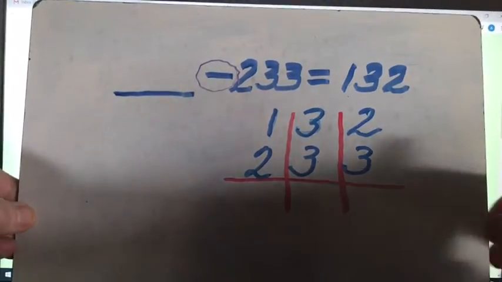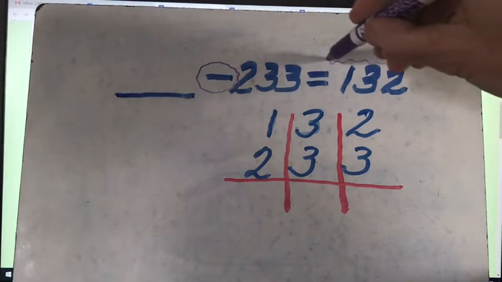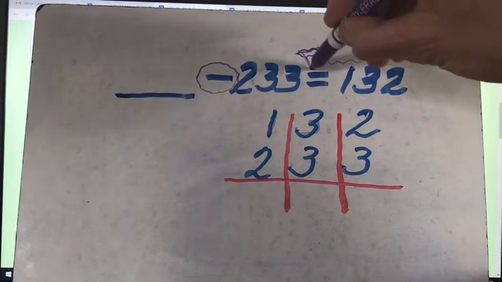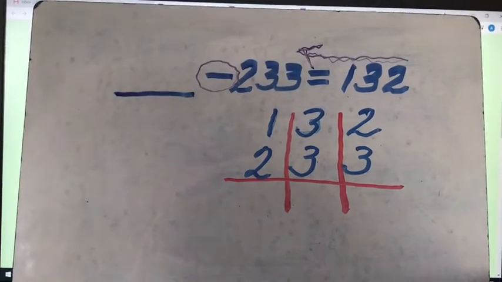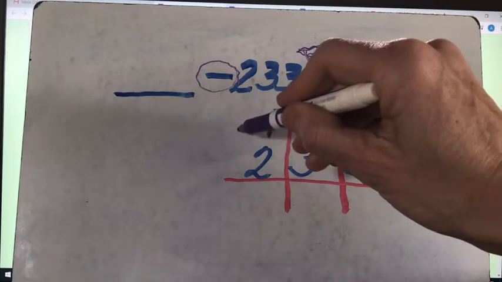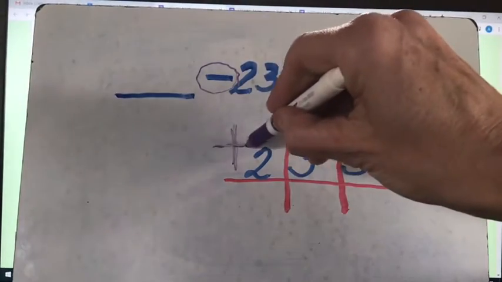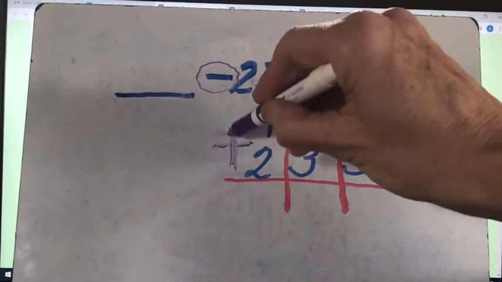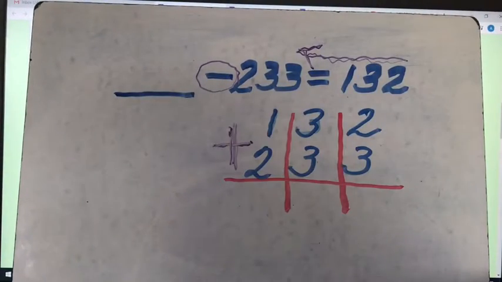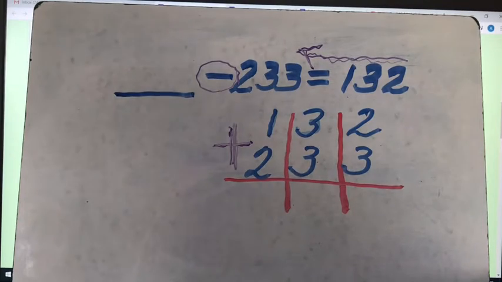So let's go ahead and look at that setup. I'll draw my arrow to show I'm going the opposite way. It's a little squiggly arrow. Since I'm going the opposite, I'm going to undo the subtraction and I'm going to add. Addition and subtraction are fact families, so I'm doing the opposite of subtraction, I'm adding.